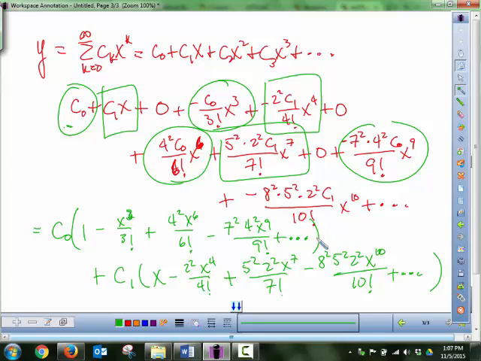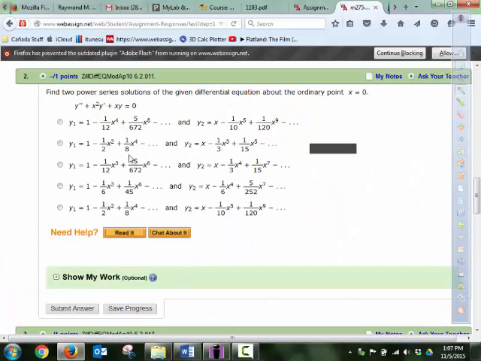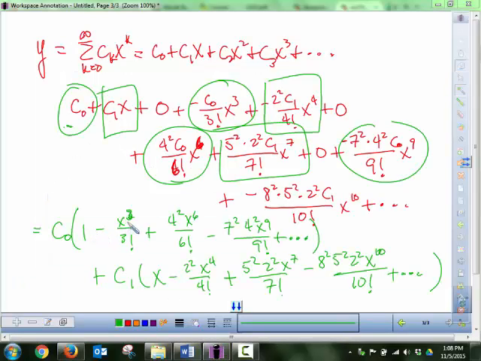Okay, let's take a look at the choices. Oh, yeah, that's right, they have numbers. Which one is it? So we got x cubed, x to the 6th, x to the 9th. We got x to the 4th.